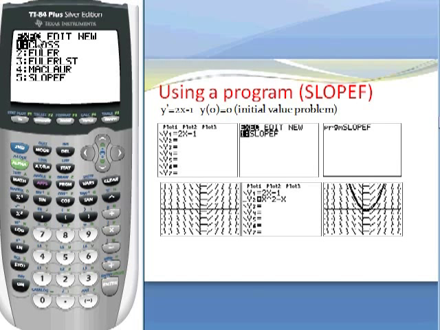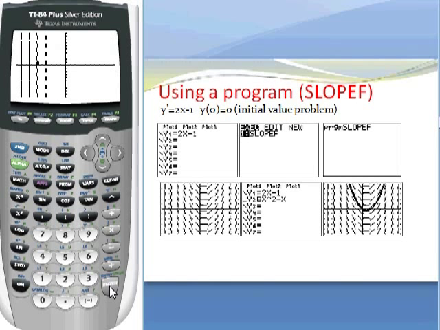And the first one is execute. You scroll down. Slope EF. Alright. And then just here we are right now. Okay. And you push enter. You see it? It actually enters those things.